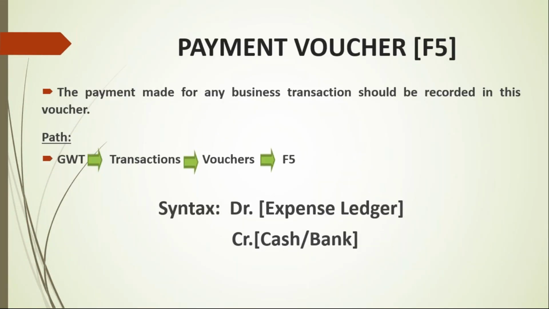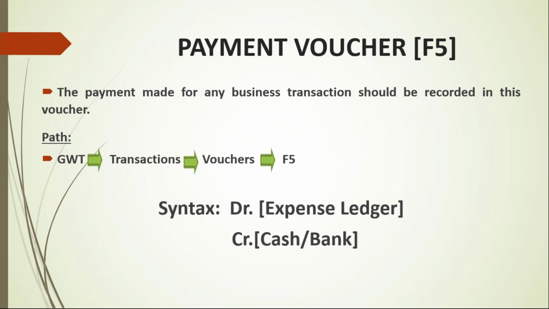Yes. So let's begin with the payment vouchers. So what is the function key for a payment voucher? It is F5. Now F4 is contra voucher. F5 we have as payment voucher.